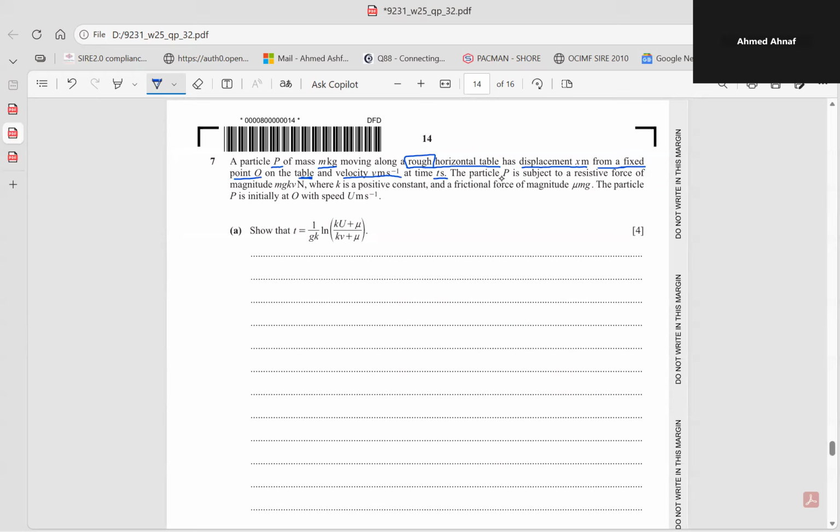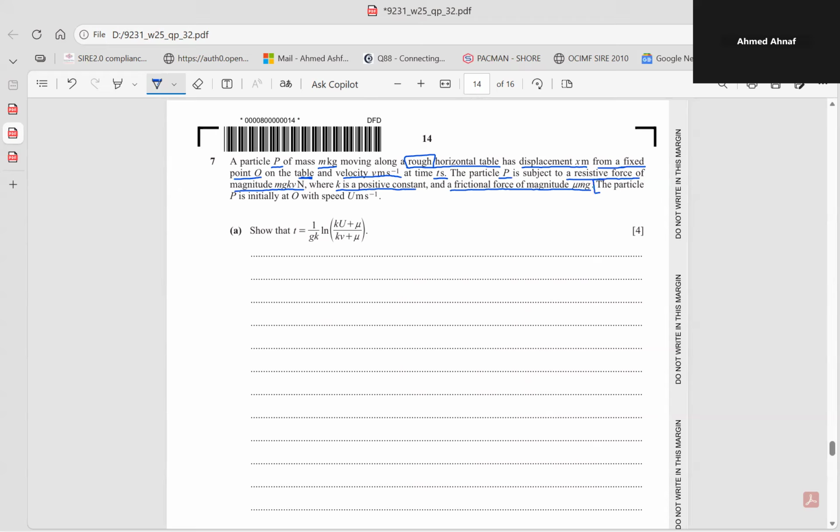And we're also told that the particle P is subject to a resistive force of magnitude mg kV newtons, where k is a positive constant, and a frictional force of magnitude mu mg. So we have two resistive forces, the mg kV newton one and the mu mg frictional force.